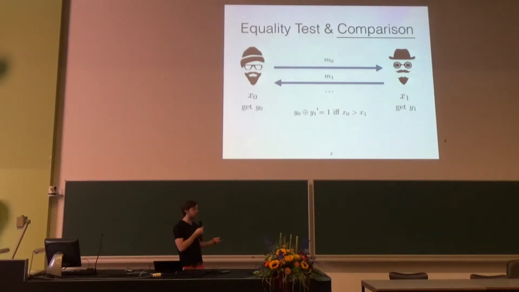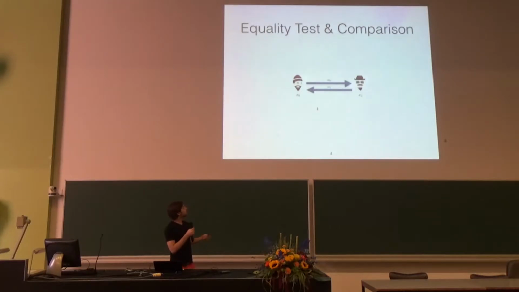And so secure comparison, as you can guess, is the task for two parties to securely compute the comparison predicate and obtain, as before, uniformly random additive shares of the bit, which is one if and only if the first input is bigger than the second one. So both secure comparison and equality test have a long history in cryptography. Secure comparison in particular is historically the first MPC protocol that was ever studied, by Andrew Yao in 1986.